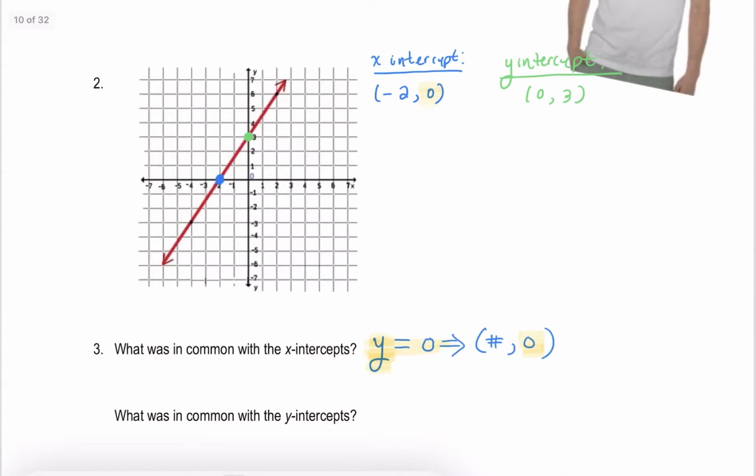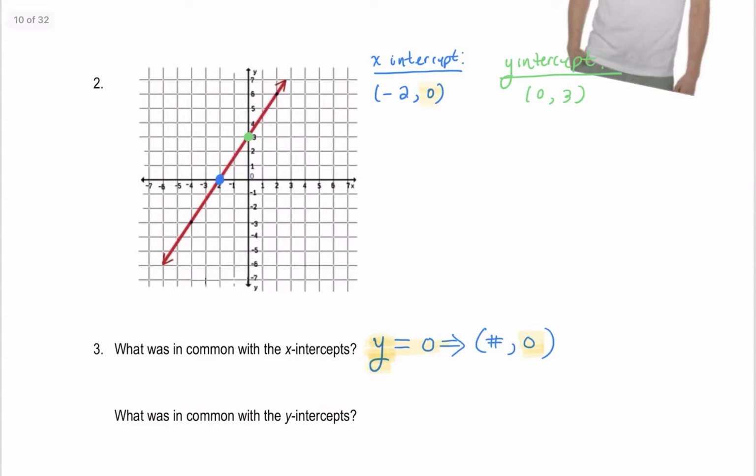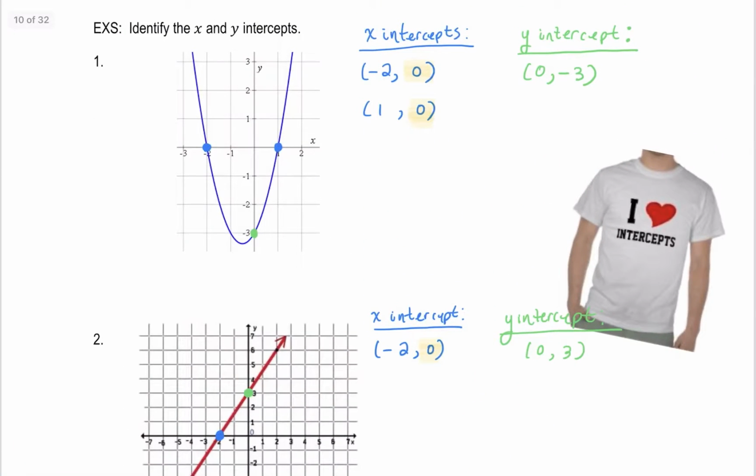All right, so now suppose I said let's focus in on what do we notice is the same when we're looking at a y-intercept. So when I look at a y-intercept, I want to observe that it is the x-coordinate here that is always 0.